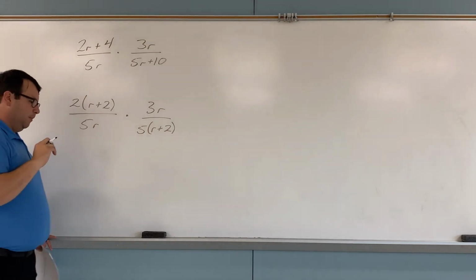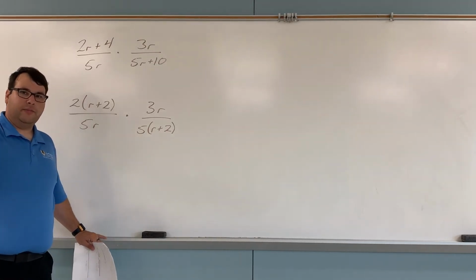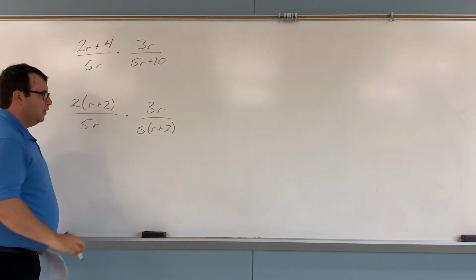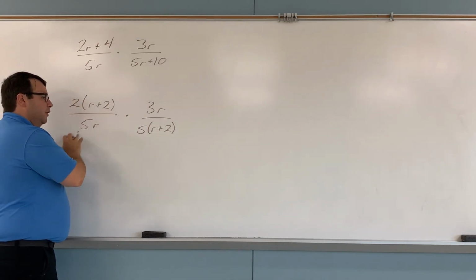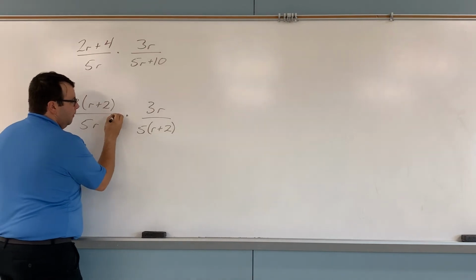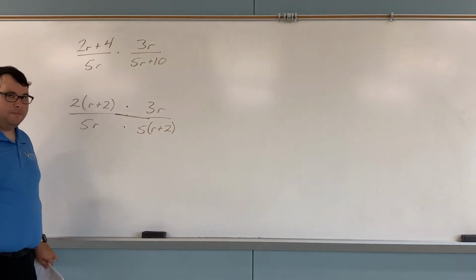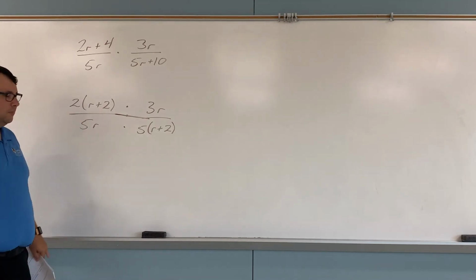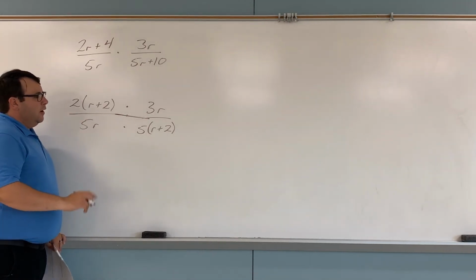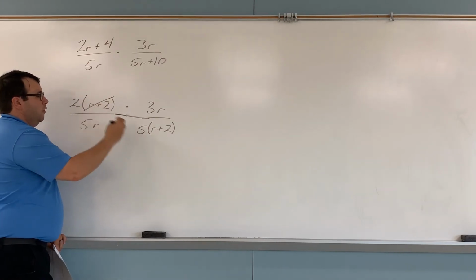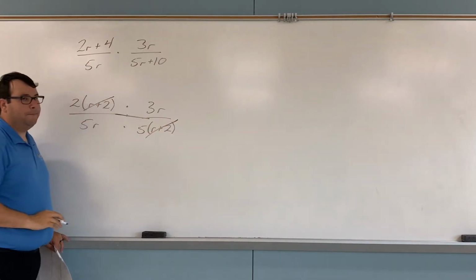Now, remember, the definition of 1 is something over itself, right? When I'm multiplying my fractions, technically I'm multiplying numerator to numerator, denominator to denominator. So basically I'm combining these like that, right? So it's like one big fraction. Is there anything I can cancel? Certainly. R plus 2 probably stands out for you.